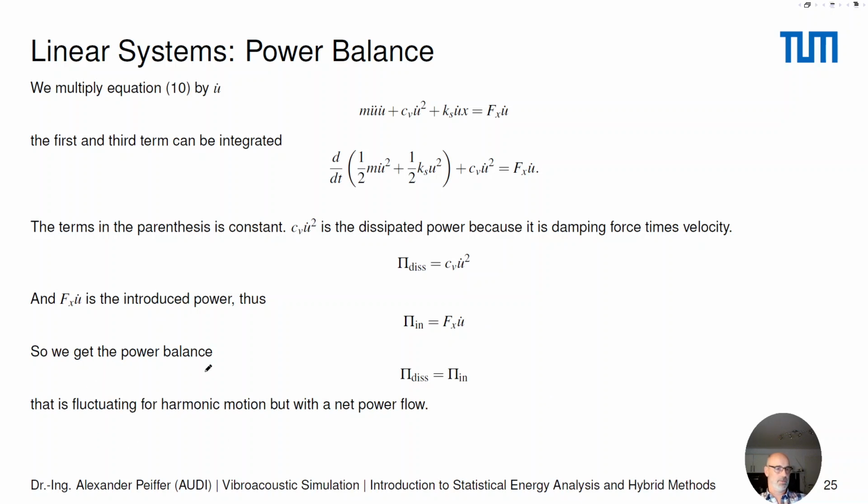And this is a kind of first mini SEA, because it's just giving us a power balance. So a power introduced in our system and the power dissipated in our system. The fluctuating harmonic motion is there, but it will not affect the total power balance of our simple resonator system.